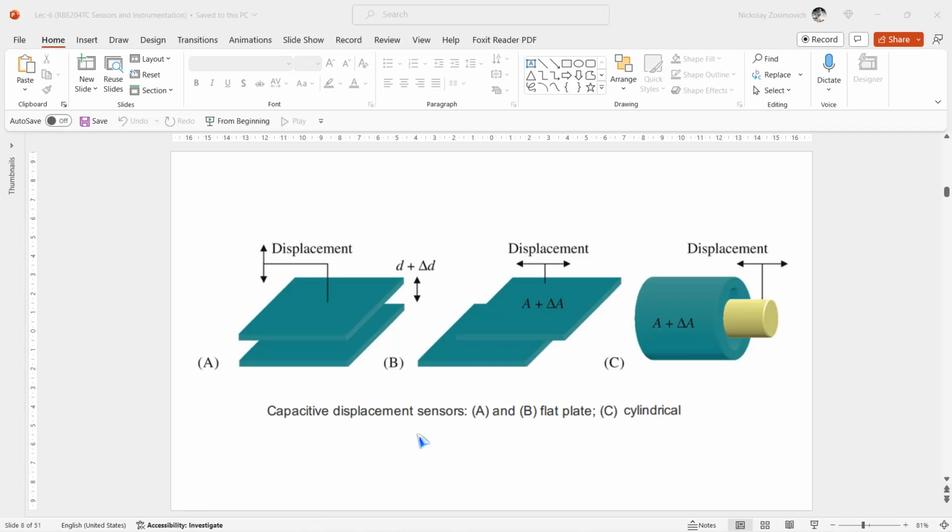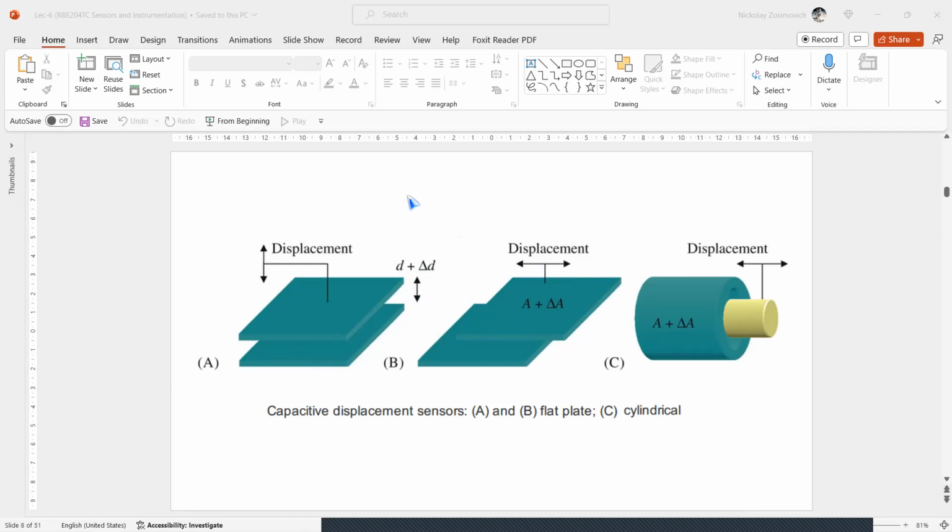Many capacitive displacement sensors are based on flat plate capacitors, as you can see on figure A. Either the plate distance D or the effective plate area A, as you can see in the middle, is used as a position-dependent parameter.